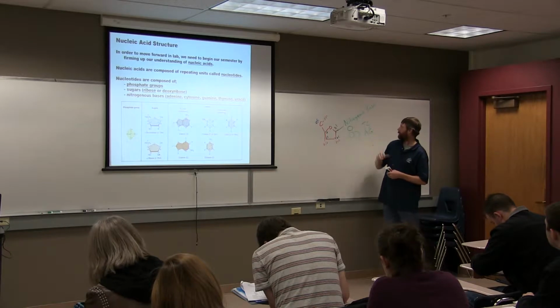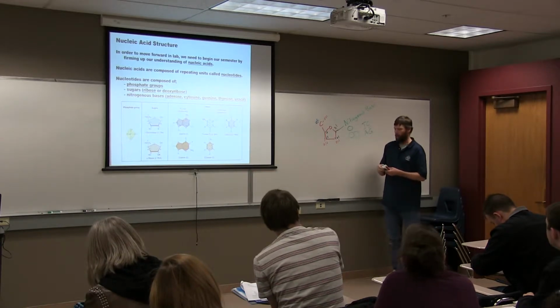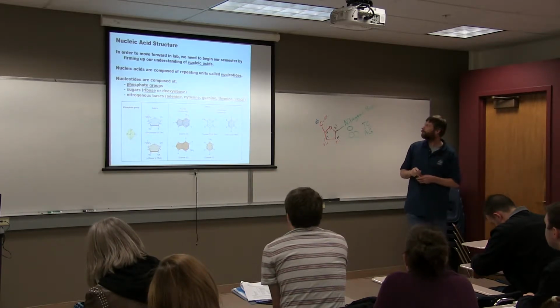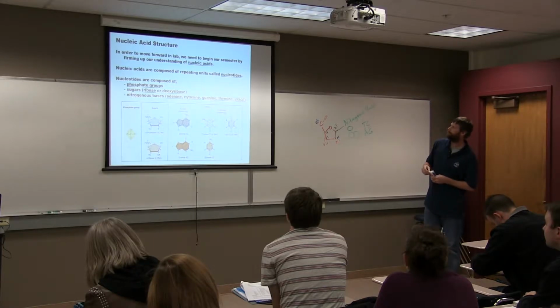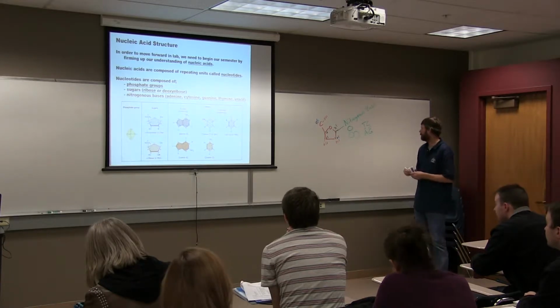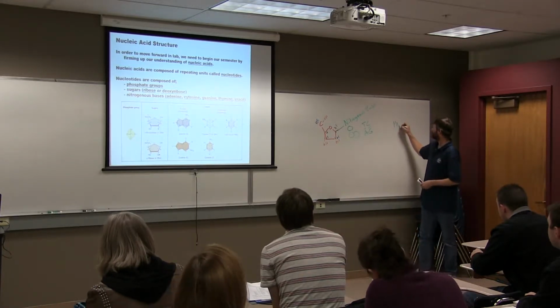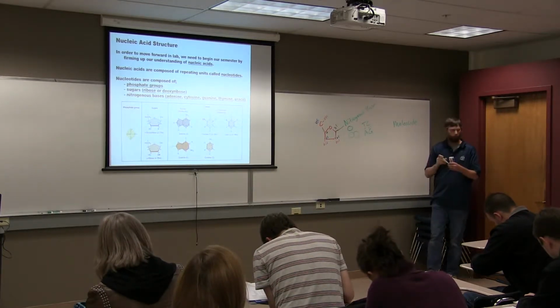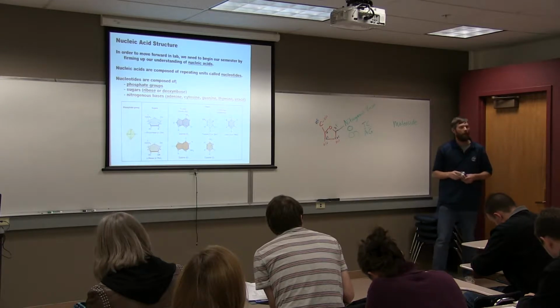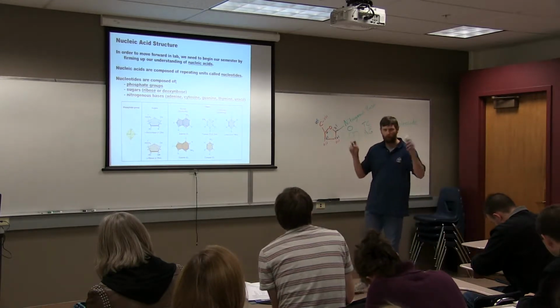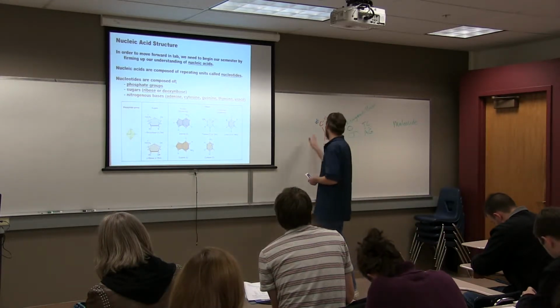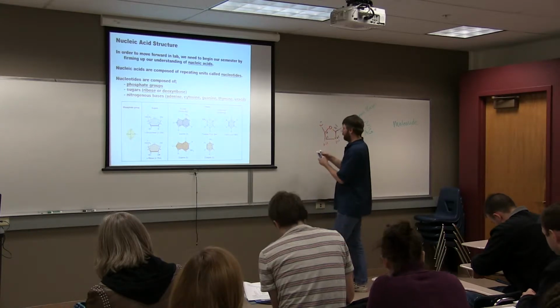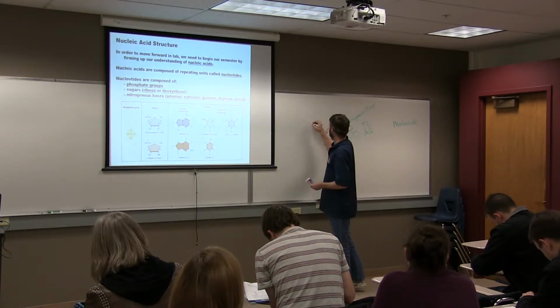So ribose with a nitrogenous base, I think this is called a nucleoside. I don't have it on here, it's on the next screen, I think. If you add phosphate groups and you basically charge some energy onto this molecule, make it a higher energy molecule, you put phosphate groups on here.